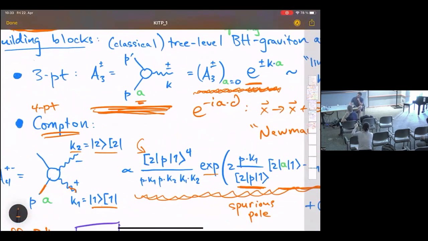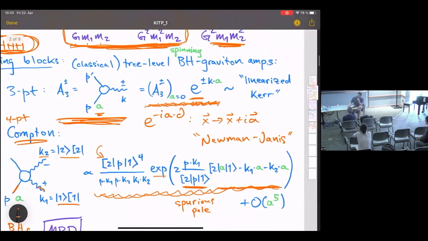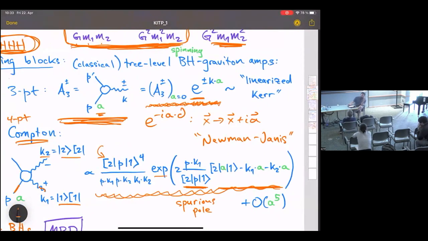Okay, let me look at the one in the Compton, as an amplitude. Amplitude people know, I guess, and will tell me that poles of amplitudes must correspond to physical factorization channels, with internal particles going on shell. There are 3 physical poles of this amplitude corresponding to the S, T, and U channels going on shell, if you will.